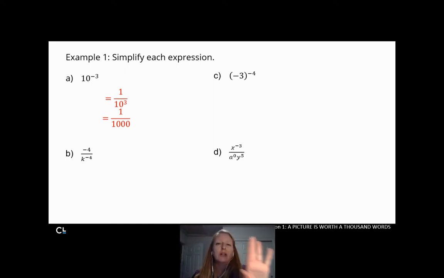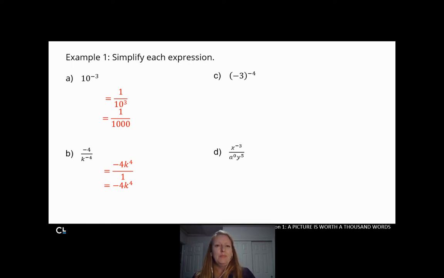So the negative 4 on top, that numerator, is going to stay where it is. But to turn that negative 4 exponent positive, I'm going to move the k from the denominator up to the numerator. So now I have negative 4k to the 4th power over 1. Well, I guess I don't really need it over 1, right? It's just negative 4 times k to the 4th power.